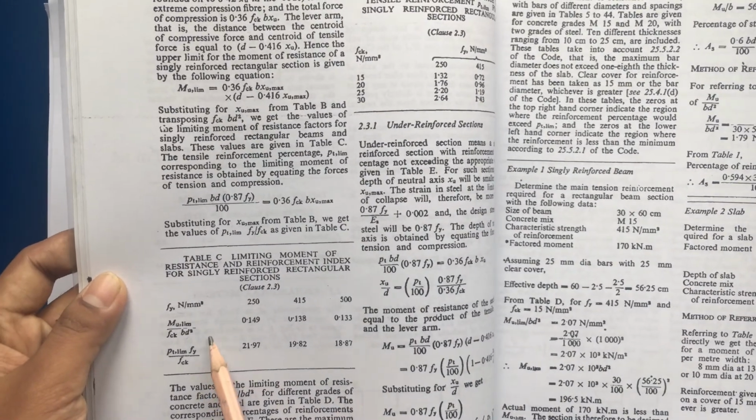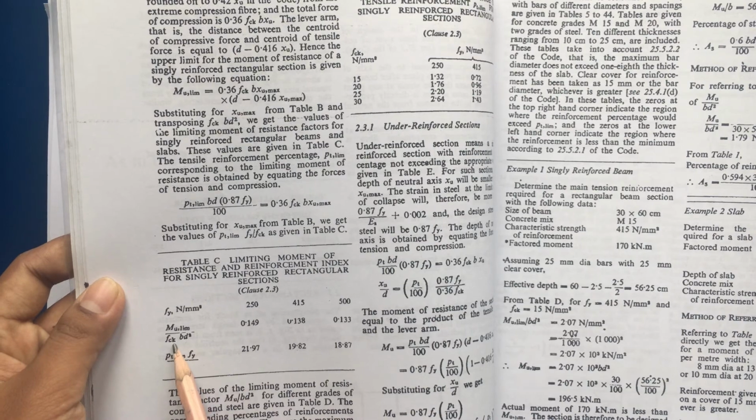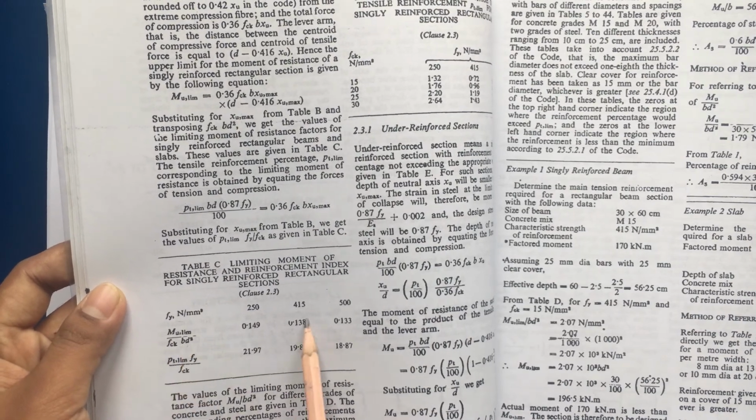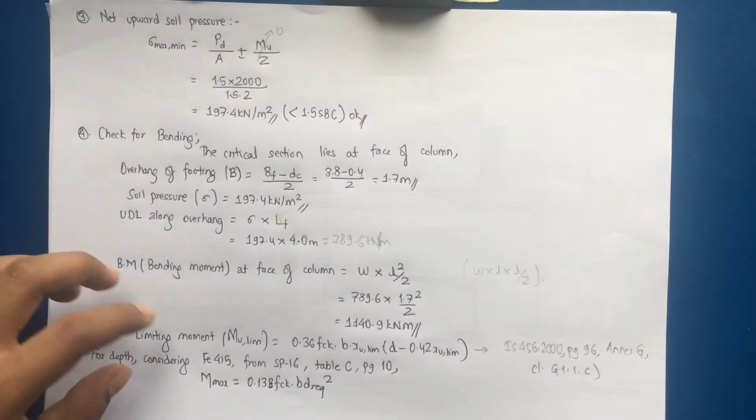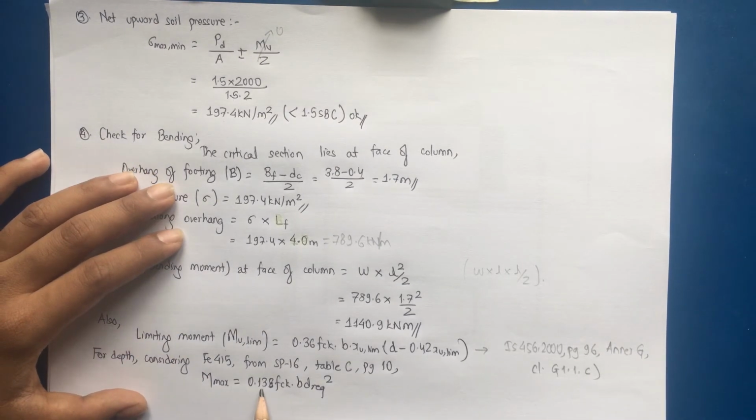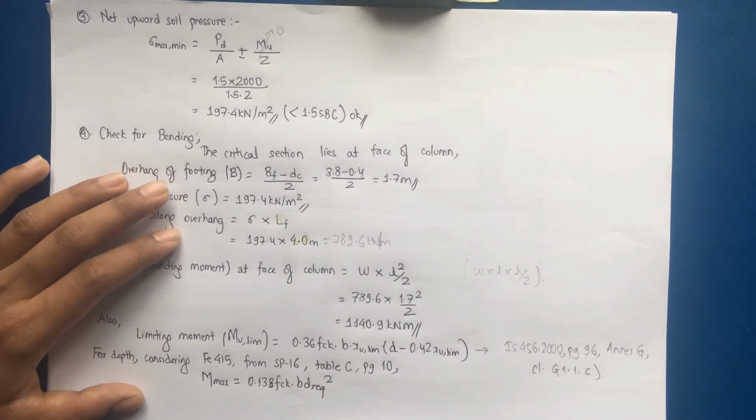So now we'll cross multiply this term and we'll get the formula that we are using. So Mu = 0.138 fck bd². The depth required according to the maximum moment acting will be calculated using this formula.